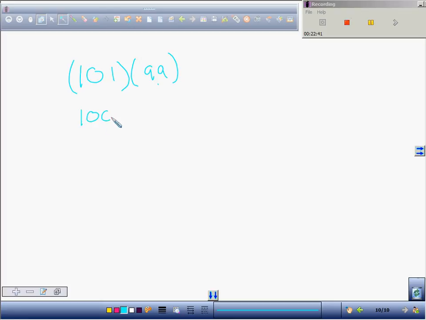That can be written as 100 plus 1 times 100 minus 1, which is what? It's 10,000 minus 1, which is 9,999. See? Pretty cool. Good little trick. Okay, the end.